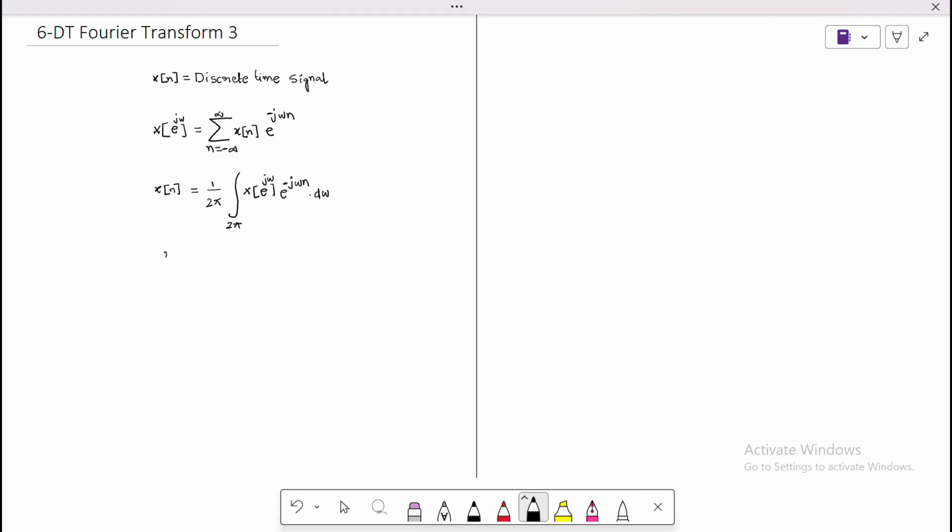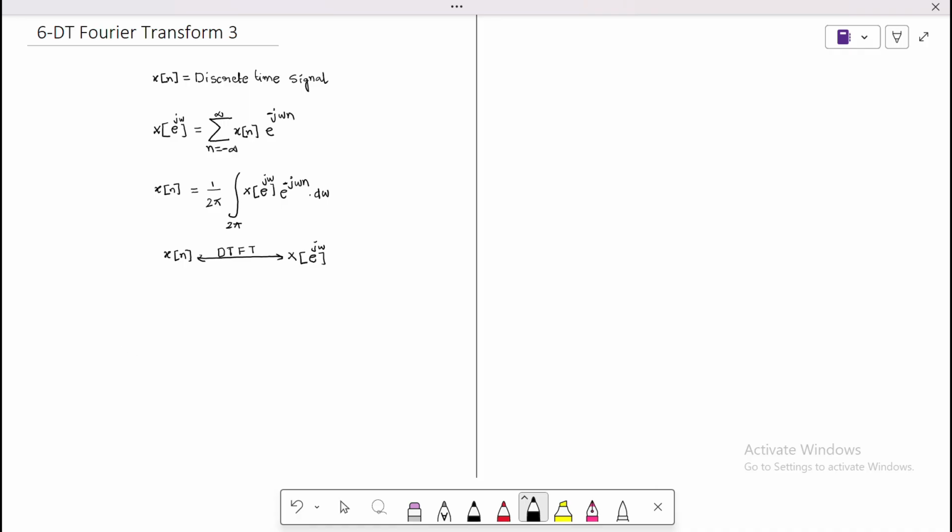In general, you can write x of n and its Fourier transform equal to X of e power j omega. So this is the discrete time Fourier transform. These are the two equations, already discussed in the previous classes.